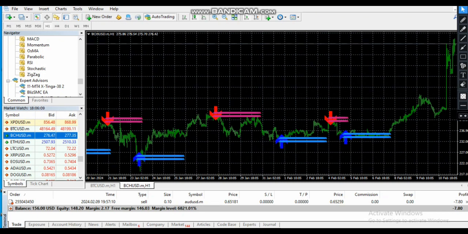Can you imagine? Or can you just tell me in the comments how you see this indicator? Let me show you.